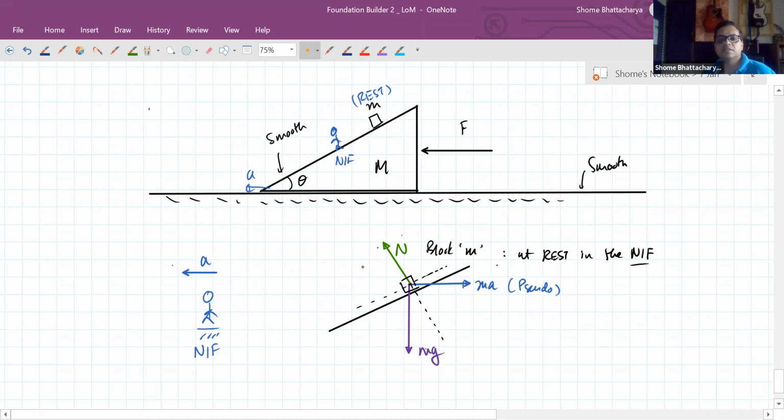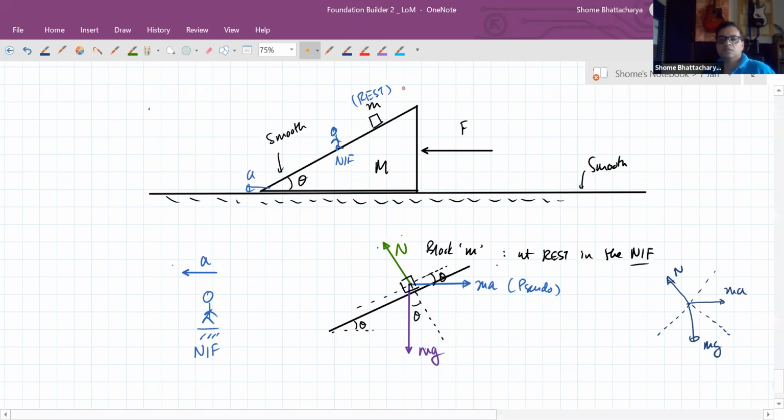But now this block's acceleration should be zero. It should be at rest, so these forces should balance. Just apply the condition for the forces to balance. You can either resolve the forces, or you can use Lami's theorem also.